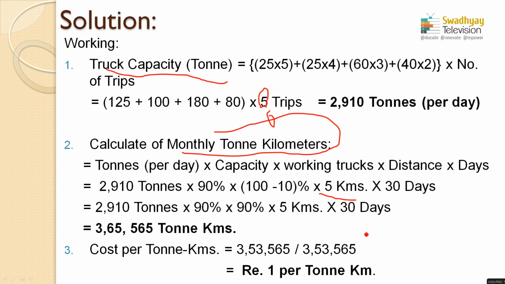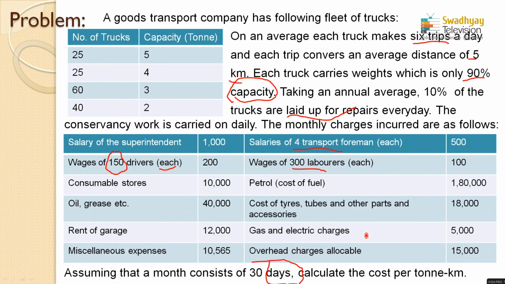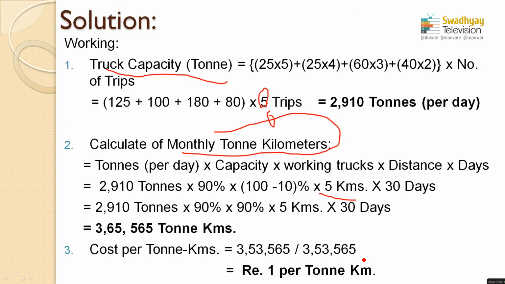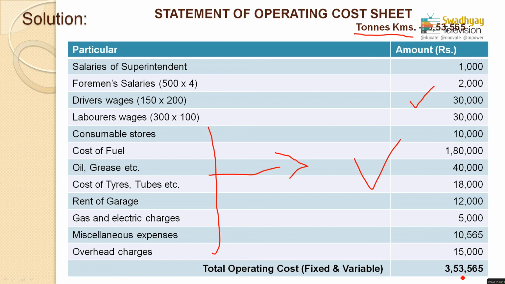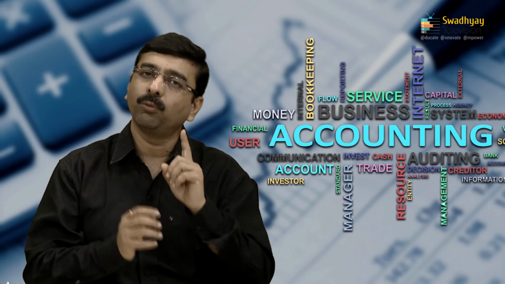So 1 rupee per ton kilometer on the basis of this calculation. So we calculated this on the basis of certain criteria. How does it come to 1 rupee? Because the total expenditure is like that, the total ton kilometer is also 3,53,565, dividing the total expenditures by the whole ton kilometers. So per ton kilometer its cost is 1 rupee.